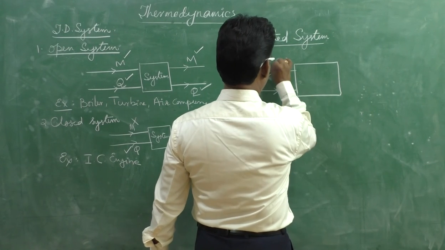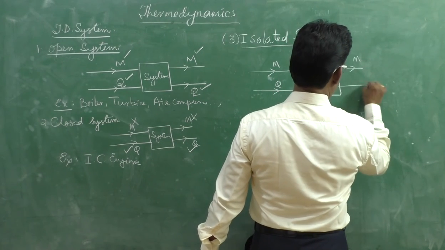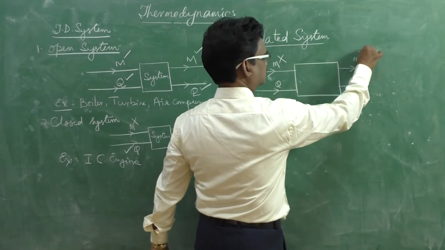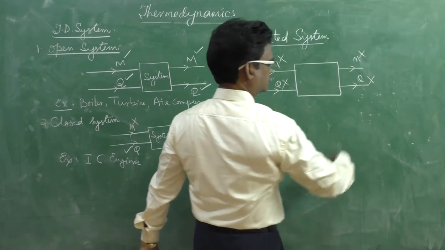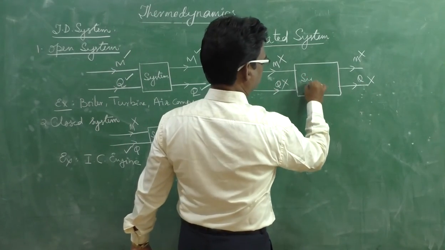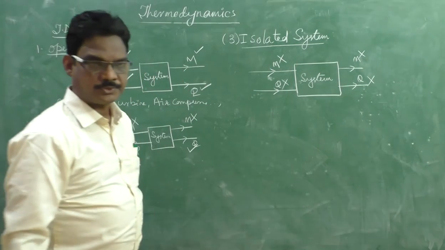See, this is mass, this is heat energy. Mass is not entering, mass is not leaving. Heat energy not entering, heat energy not leaving the system. Then that system is called an isolated system.